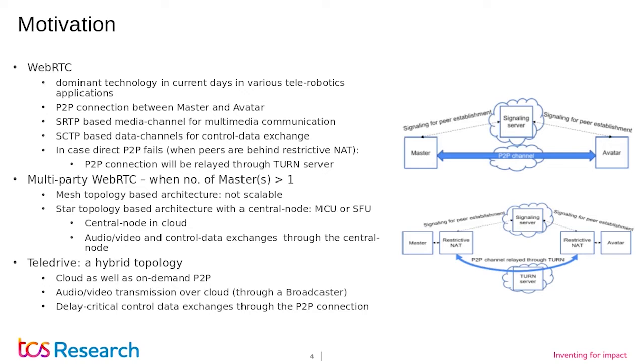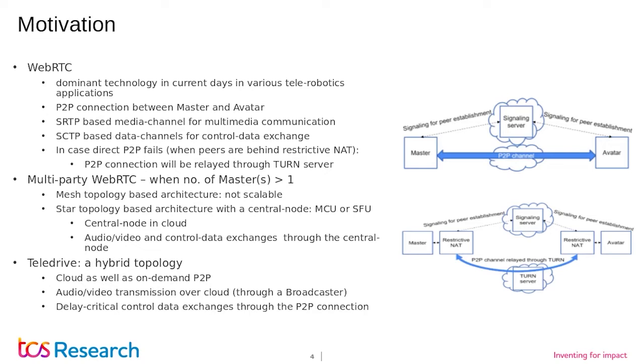It has a central node which will be situated in the cloud, and every stream including audio, video and the control data will be exchanged through that central node. An extra delay will be added when the traffic goes through the central node, but the robot control data may demand a more real-time scenario.